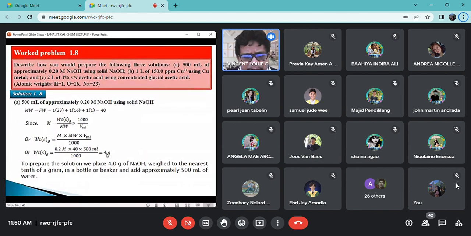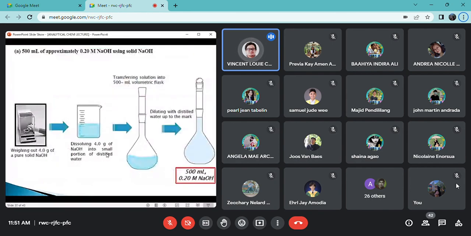And what you will do is you add approximately 500 ml of water. If you do that, you'll get 500 ml of 0.2 molar sodium hydroxide. So this is how you do it.